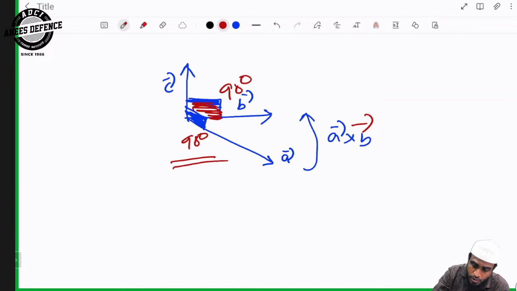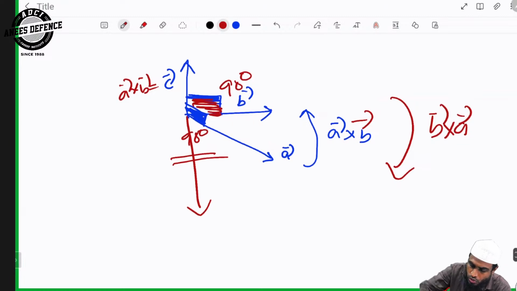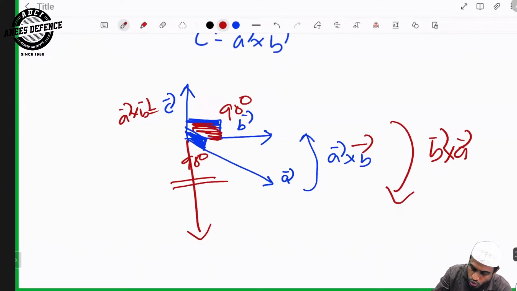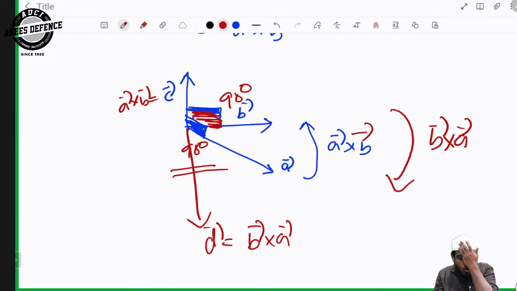So this will be A cross B. B cross A means you have to do like this. B cross A means you are tightening the screw, so the screw will be going the other way. So this can be written as D equal to B cross A. So the direction is opposite.